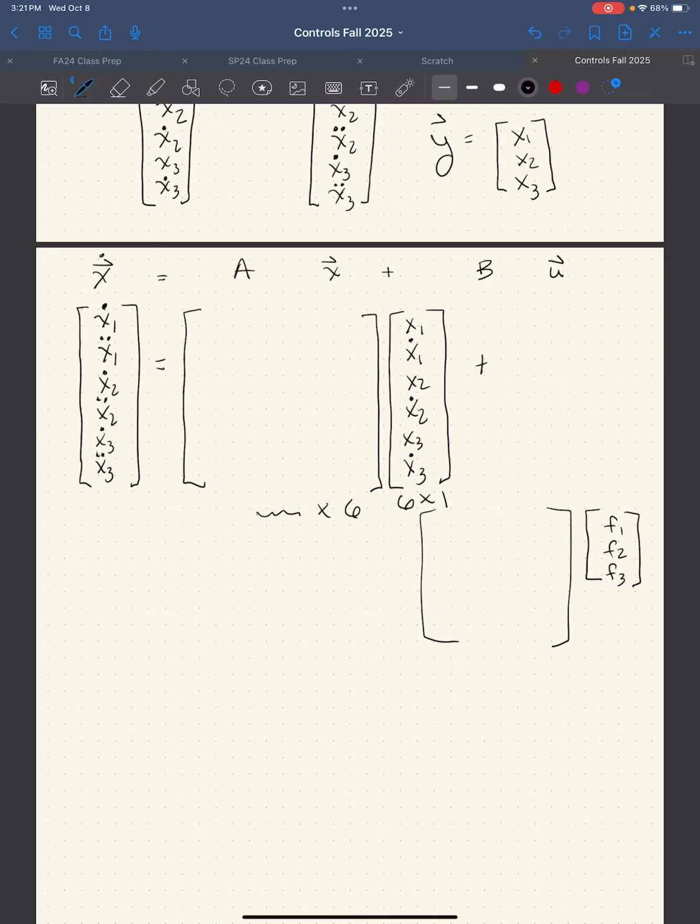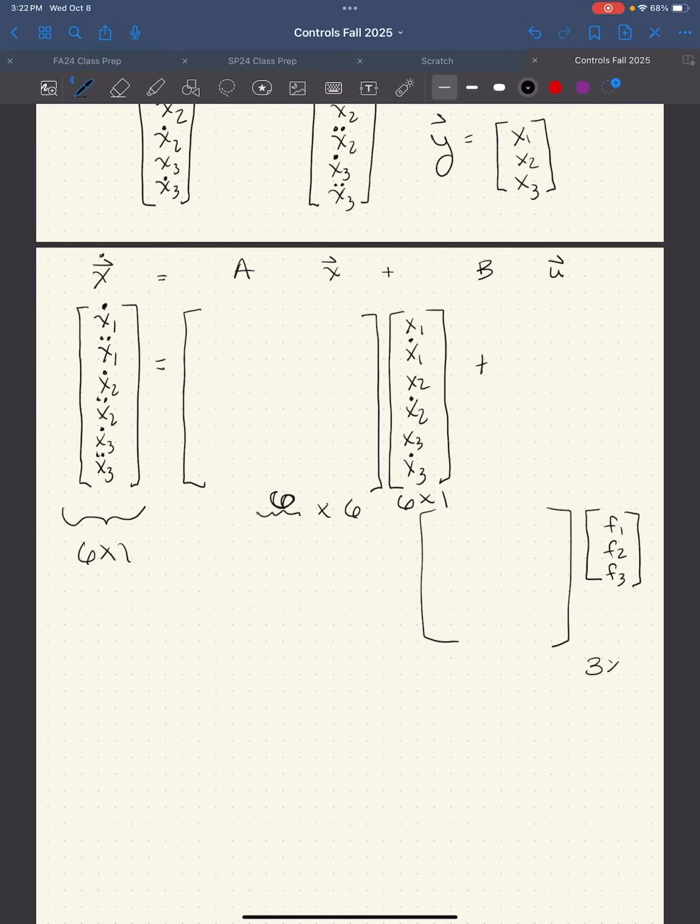However, the result of these two matrices needs to be the same size as this matrix on the left-hand side of the equation, which is a 6 by 1. So if the result of this multiplication needs to be 6 by 1, this needs to be a 6, so that we get a 6 by 1. Okay, so A is a 6 by 6, and now we can do something similar for B times U.